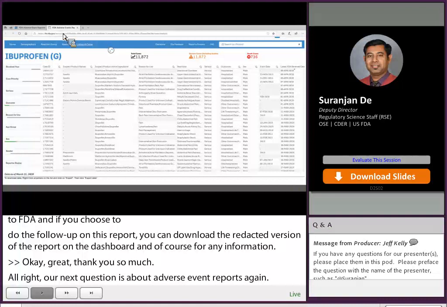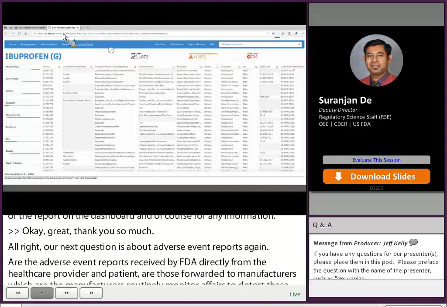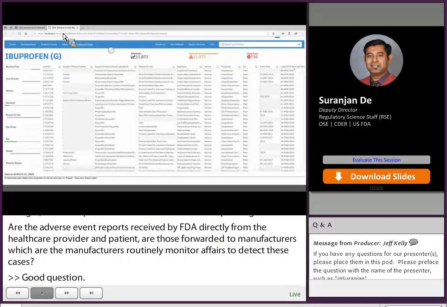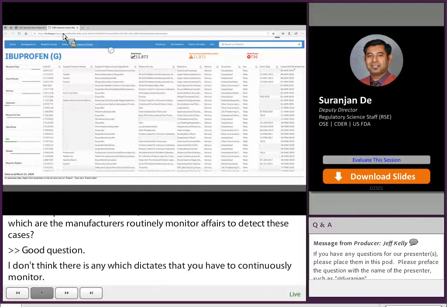Right. Good question. I don't think there is any rule which dictates that you have to be continuously monitoring. I think it's from the company's perspective that they do their monitoring as part of pharmacovigilance.